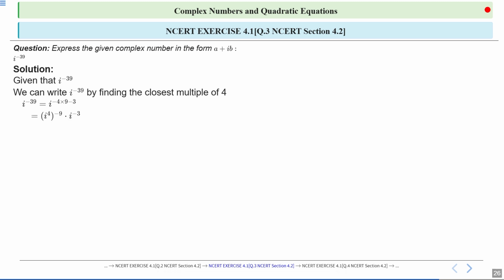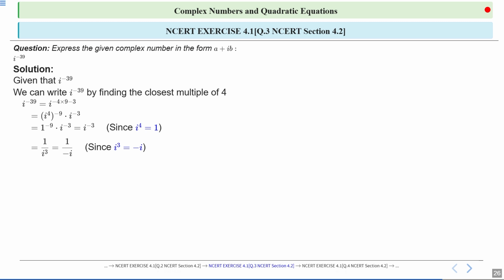Now let's rewrite it as iota to the power 4 whole to the power minus 9 times iota to the power minus 3. Since iota to the power 4 equals 1, we can simplify further. So iota to the power 4 to the power minus 9 is basically 1 to the power minus 9, which is simply 1. So iota to the power minus 39 equals basically iota to the power minus 3.